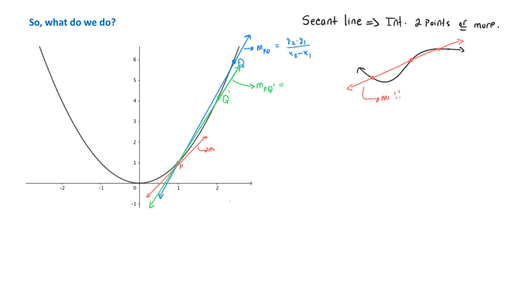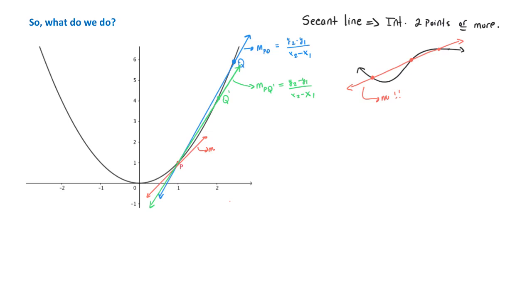We're going to use y2 minus y1 over x2 minus x1. Now, the slope of this green line is definitely going to be a little bit closer to the slope of the red line, the tangent line, because Q prime is a little bit closer to P than point Q.